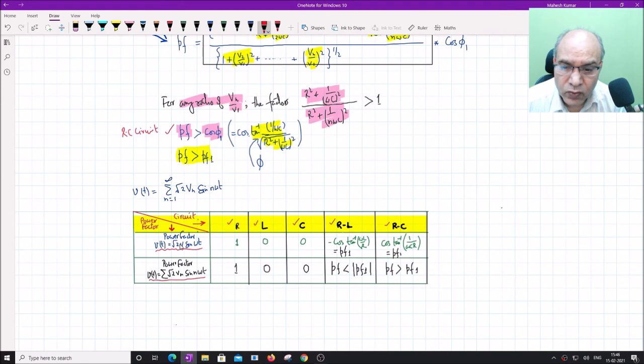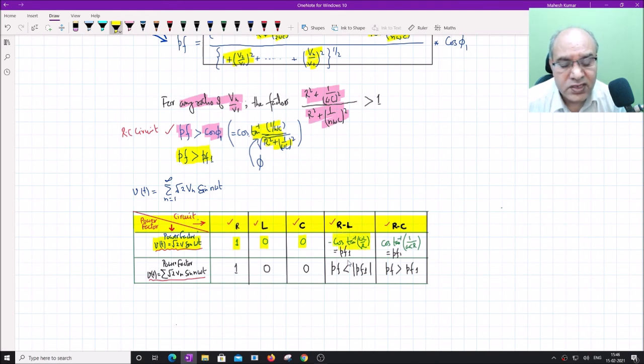So if we have only the fundamental component here, then the power factor is unity for resistive circuit, that is very obvious. For inductive and for purely capacitive circuit, the power factor is 0, lag and lead, and for RL circuit it is minus cos phi 1, minus because the current lags in this particular case, so power factor is lagging.